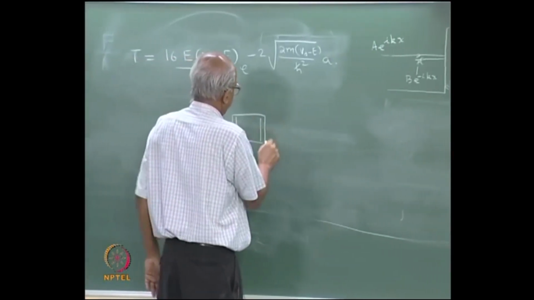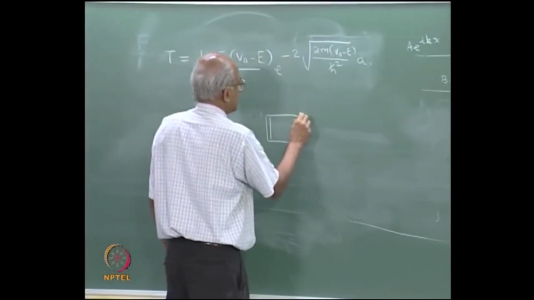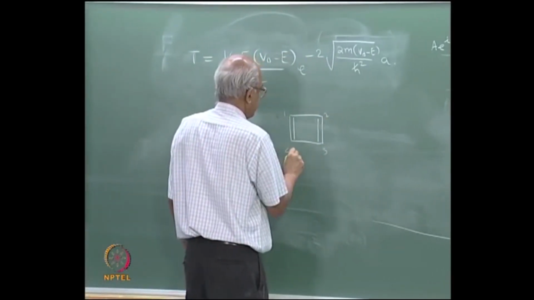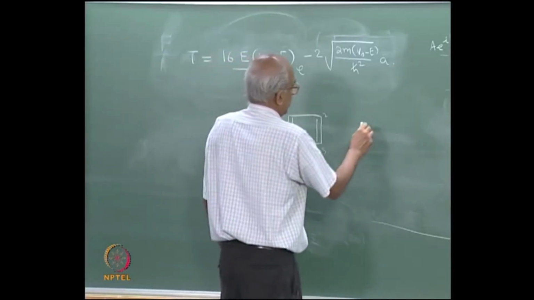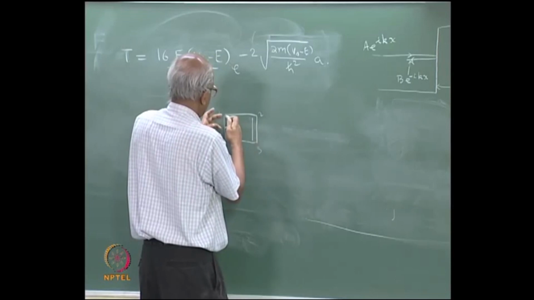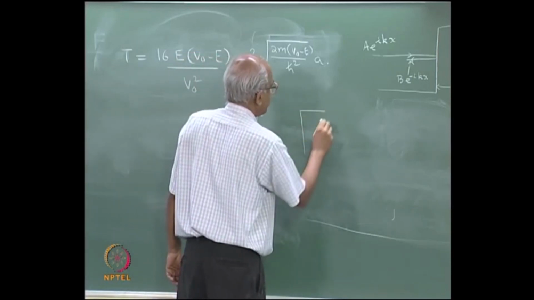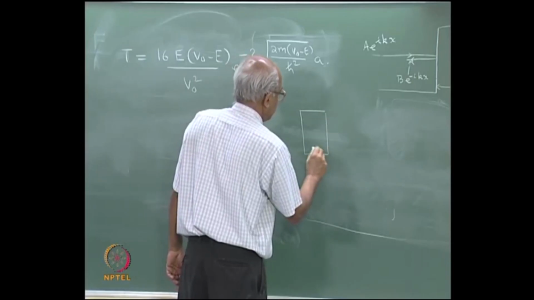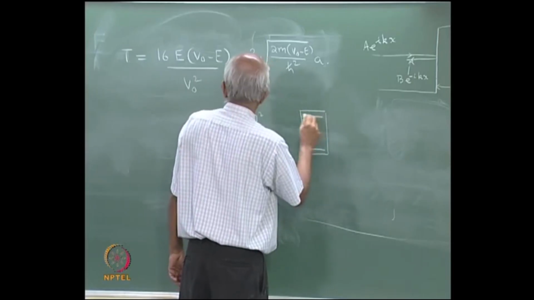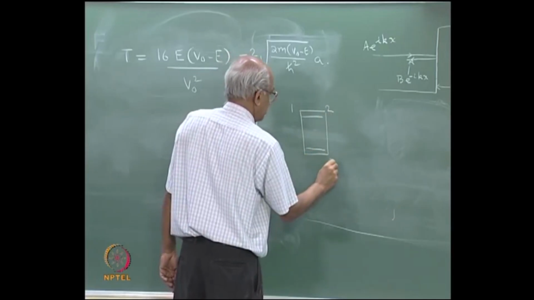But if you think of this molecule, let me number the carbon atoms 1, 2, 3, 4. This molecule can have an arrangement where the double bonds are not between 1 and 4 and 2 and 3, but they may be like this. So, the double bonds are between 1 and 2 and 3 and 4.